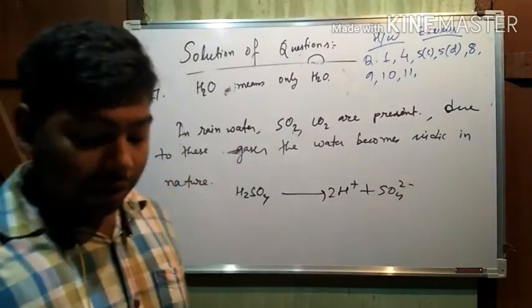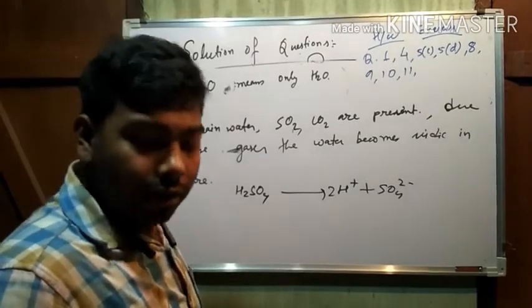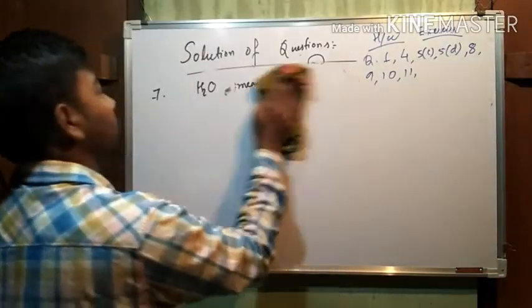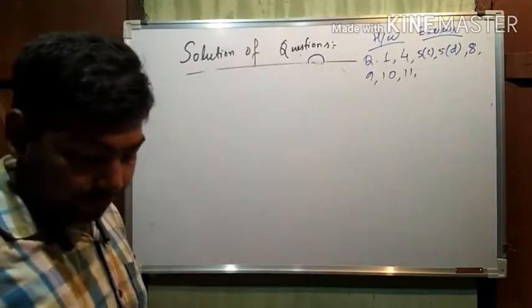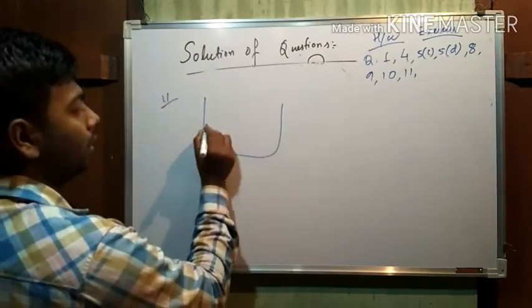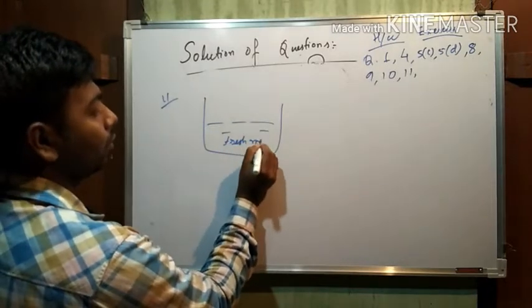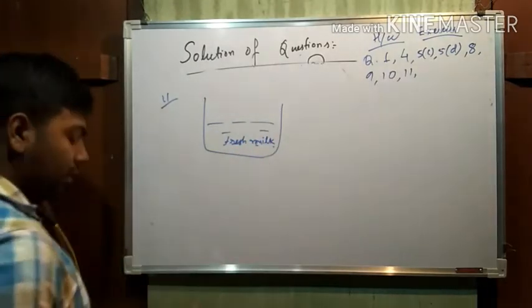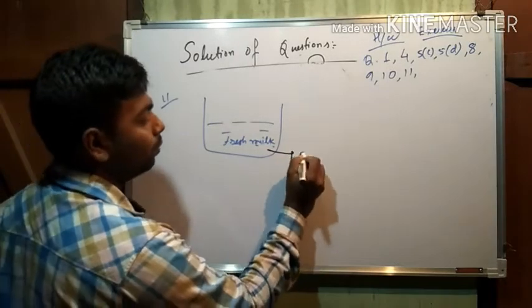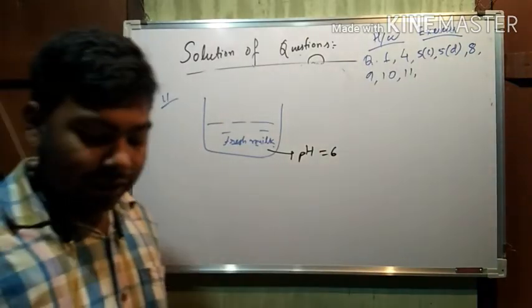Now see, in question number 11, what is given? A fresh milk of pH 6. Fresh milk, it is given that the pH is equal to 6.